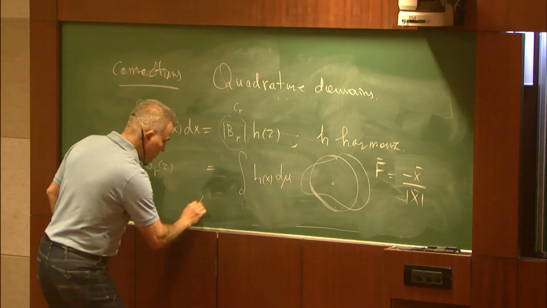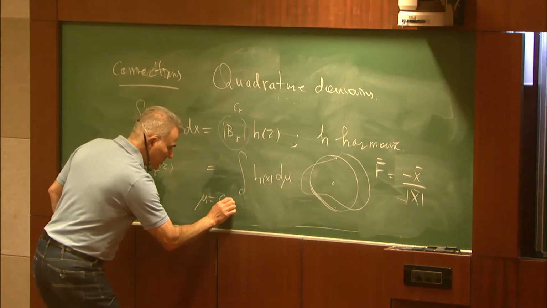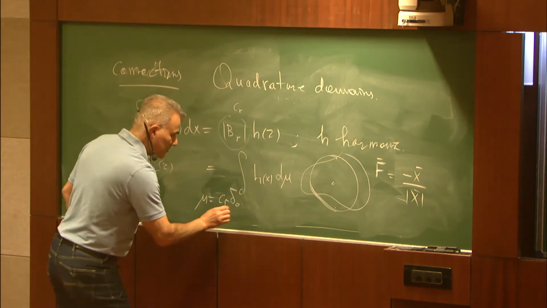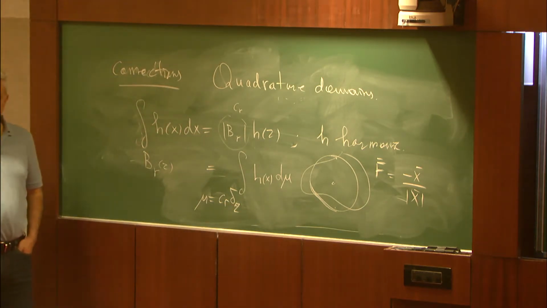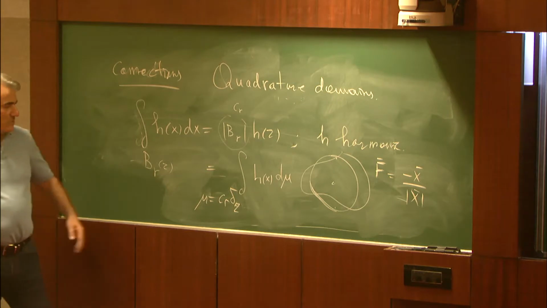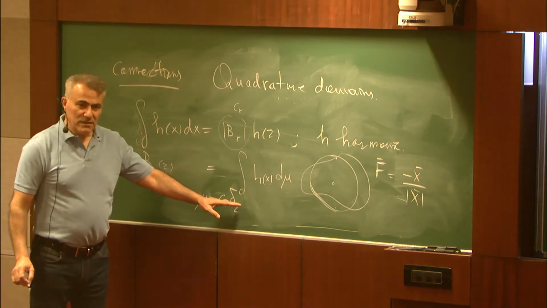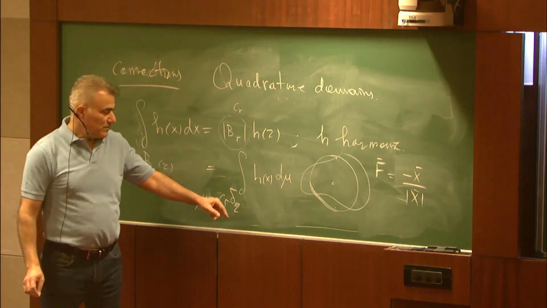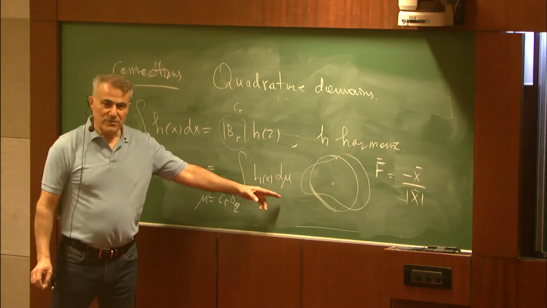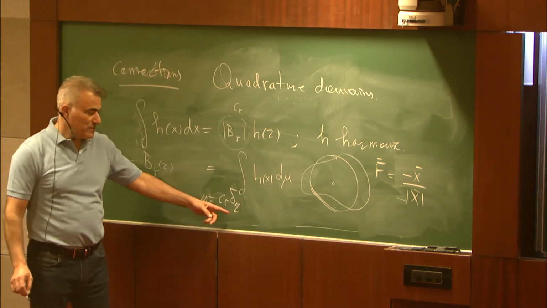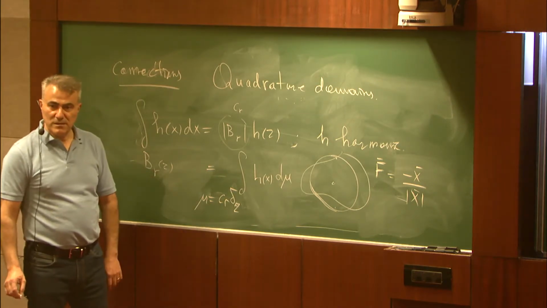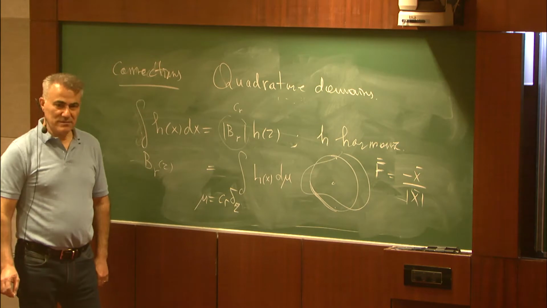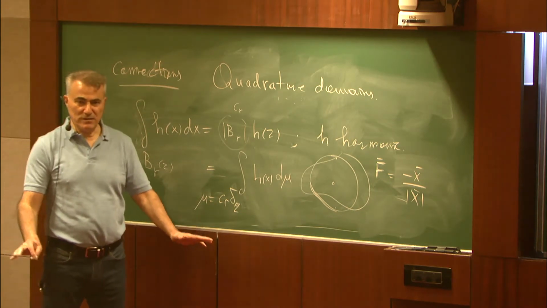And that measure is C_R times the Dirac mass at the point z. Agree? So I can rewrite this as the integration of the harmonic function with respect to this measure. And that measure is exactly the Dirac mass up to this constant. I'm just rewriting, I'm not doing anything.